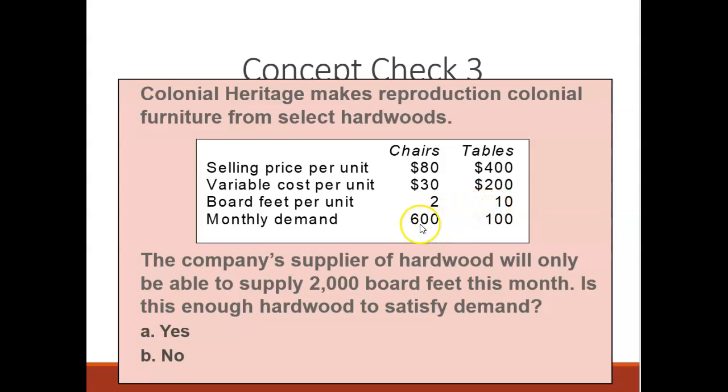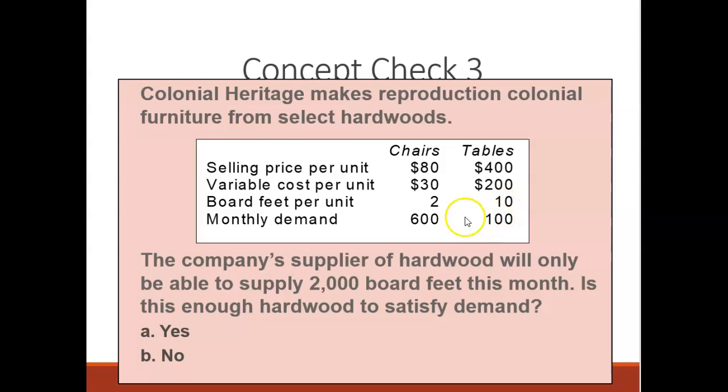And then we have a monthly demand of 600 chairs and 100 tables, right? You're going to put six chairs around a table. The supplier of hardwood is only able to supply 2,000 board feet this month. So is that enough to make all the chairs and all the tables? Well, it's 10 board feet per table.